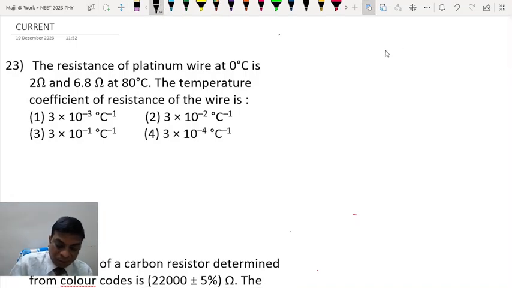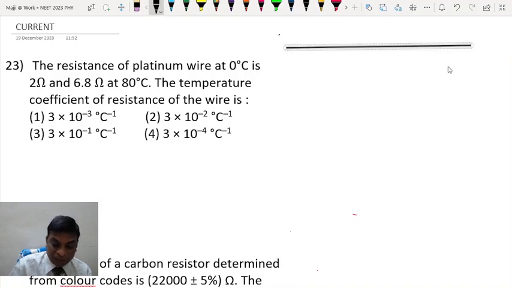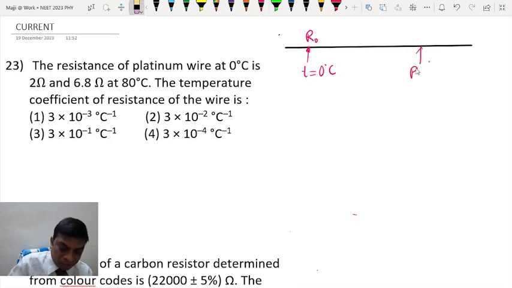Now students, you can solve this very easily if you know the definition of the temperature coefficient of resistance of a metal. As per the definition, suppose at T equal to 0 degrees Celsius the resistance of a wire is R naught, and at some temperature T degrees Celsius the resistance becomes RT.